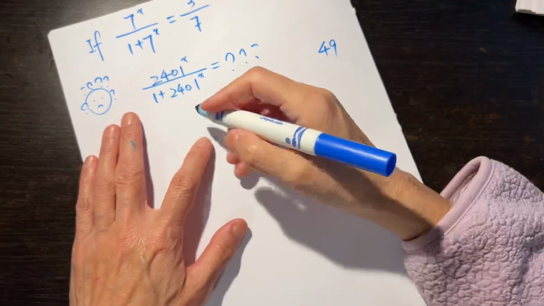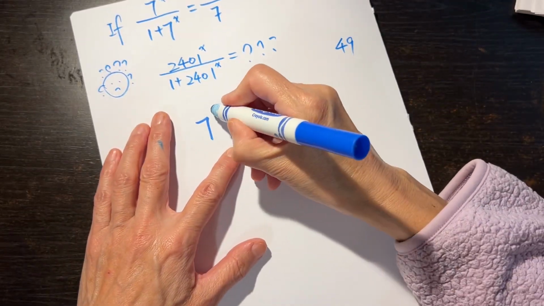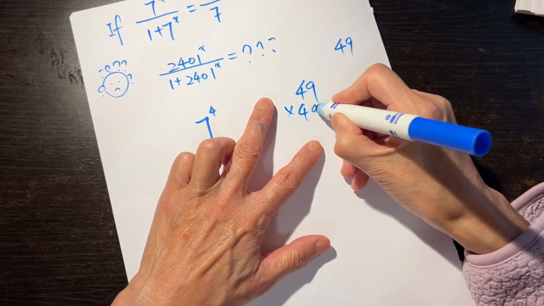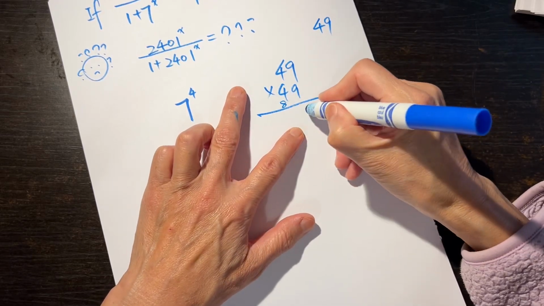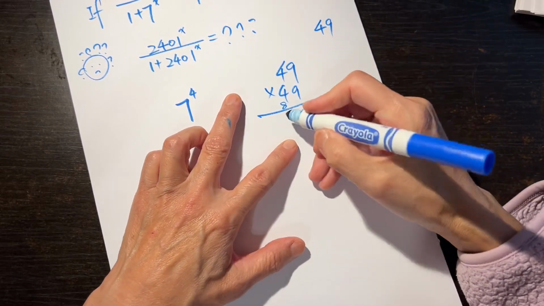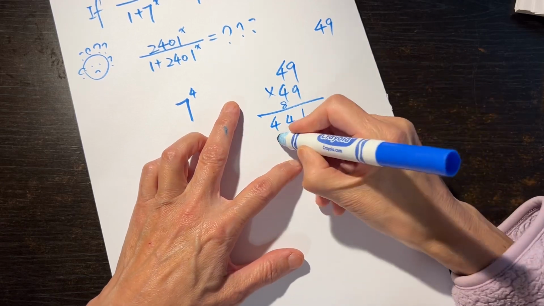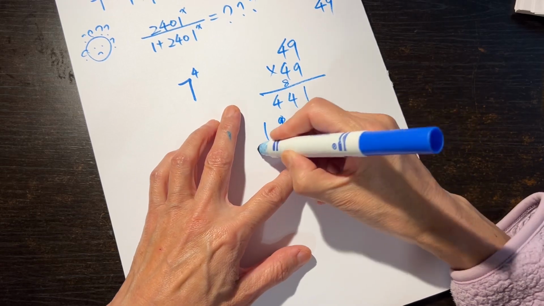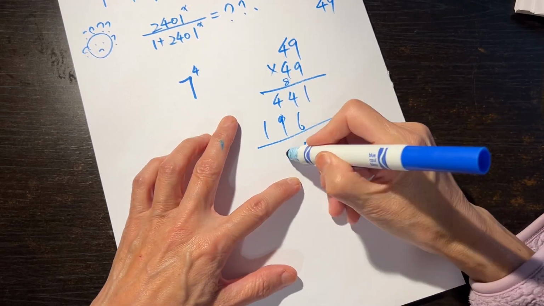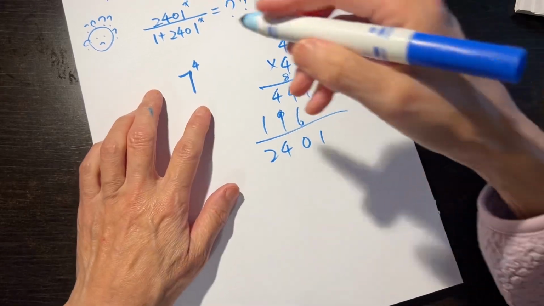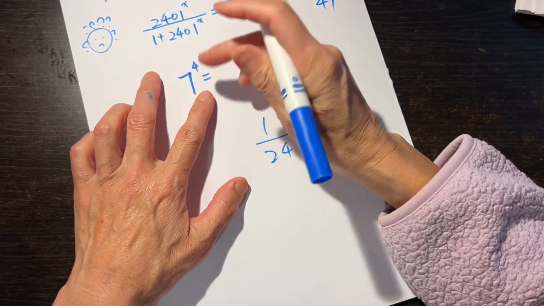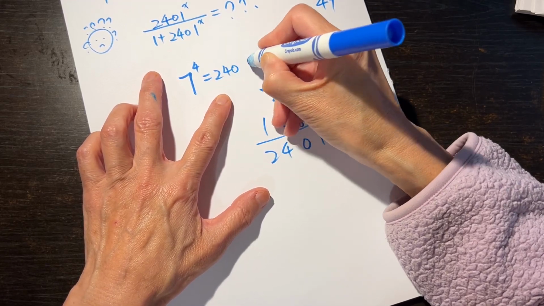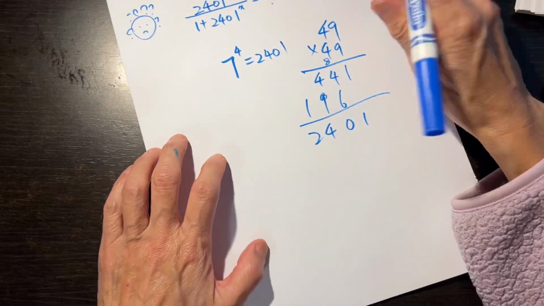I am guessing 7 to the power of 4. So 49 times 49 gives 2401. Oh, so 7 to the power of 4 is 2401. Now we see the relationship.